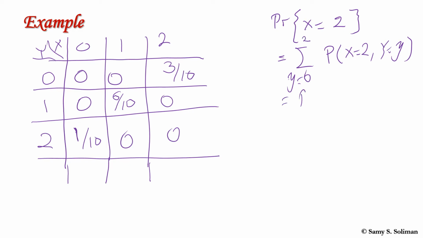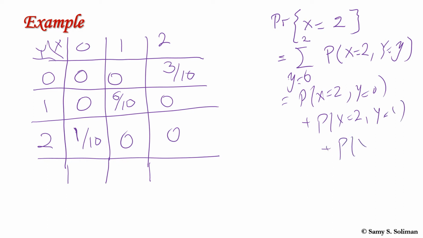So simply it is the probability that x equals 2 and y equals 0 plus the probability that x equals 2 and y equals 1 plus the probability that x equals 2 and y equals 2. Of course, we know from the problem that these two probabilities are equal to 0, but again, this is a coincidence in this problem. So where are these values? These are the values shown here in this column.